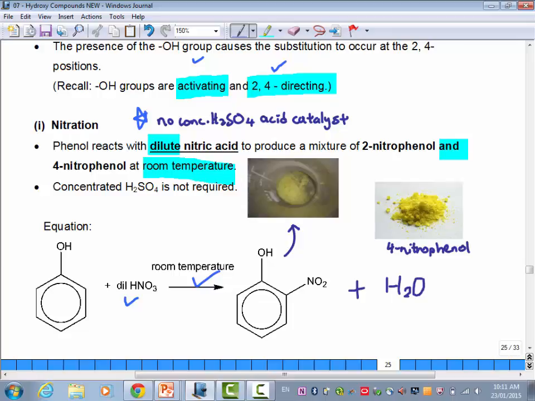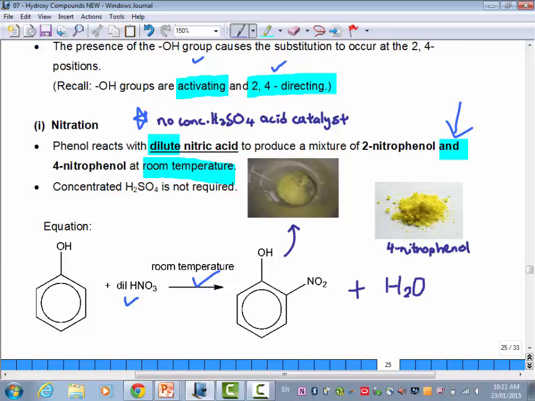After the reaction, you are going to get a mixture of products. So take note that it is and, not or. Both 2-nitrophenol and 4-nitrophenol will be produced, which means that if you just want 2-nitrophenol, you have to do purification.